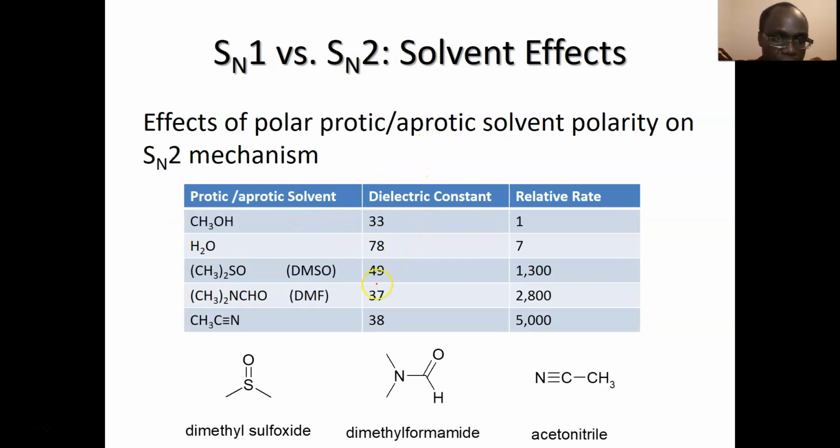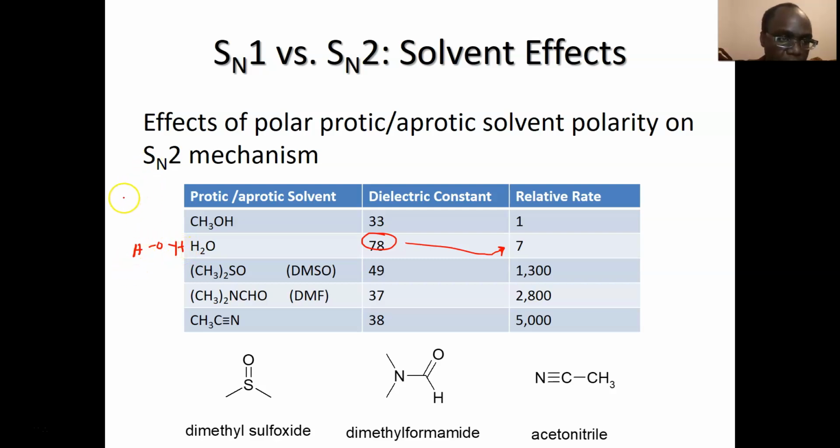Okay, for SN2, we can compare the rates and also the dielectric constants. So you see how water is very polar. Look at the rate in SN2. And again, the problem with water is that it's polar and protic.